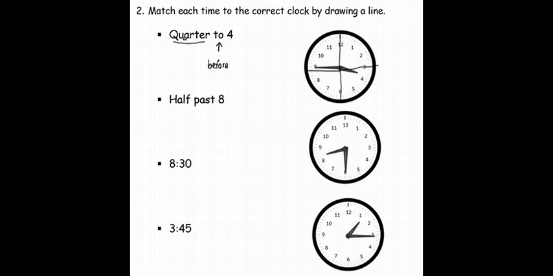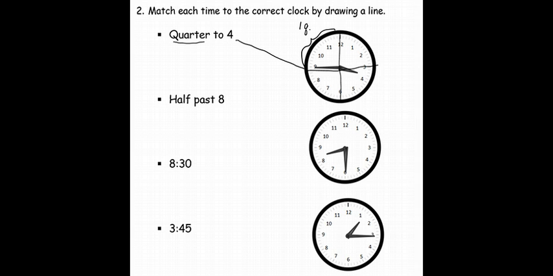The hour hand is before 4 o'clock. The minute hand is 1 quarter before 4 o'clock. So once the minute hand reaches all the way up to the 12, it would be exactly 4 o'clock. But right now it's 1 quarter before 4 o'clock, or 1 quarter to 4. And I'll draw a line connecting that description to this clock.